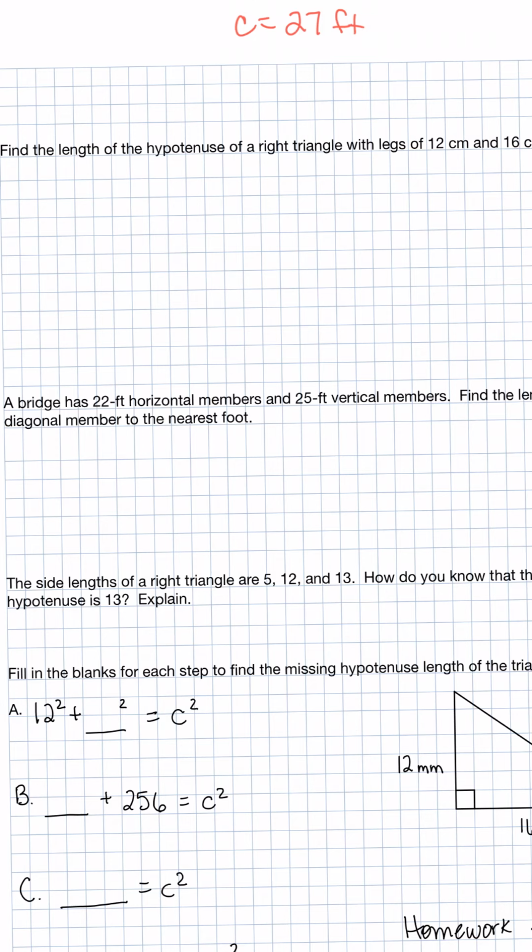Find the length of the hypotenuse of a right triangle with legs of 12 centimeters and 16 centimeters. So we'll do 12 squared plus 16 squared equals C squared. 12 times 12 is 144. 16 squared is 256. Add that to 144 equals 400.